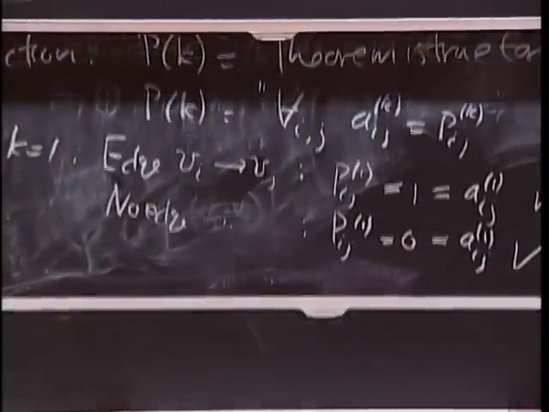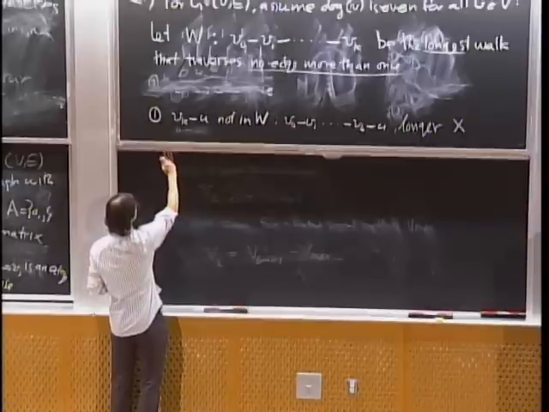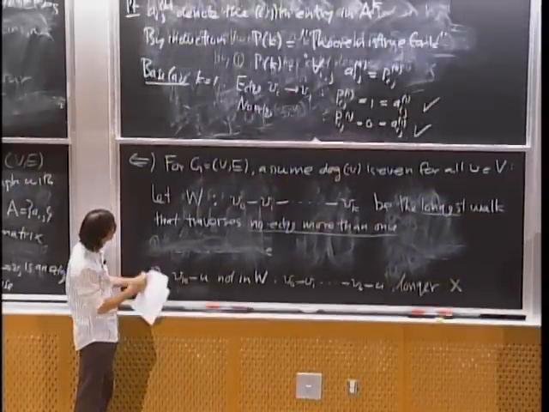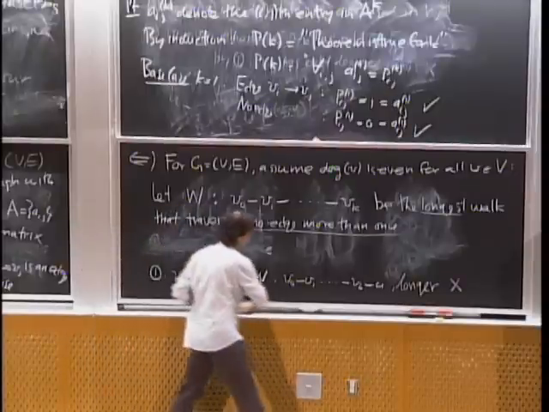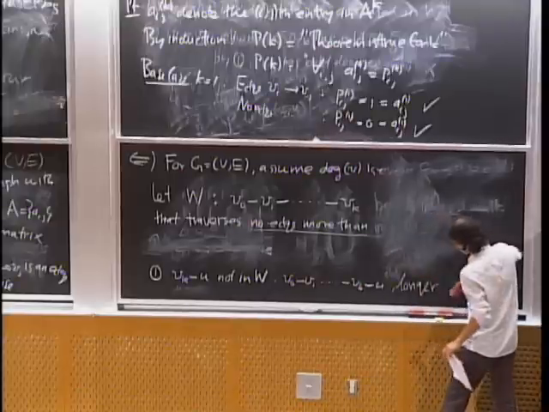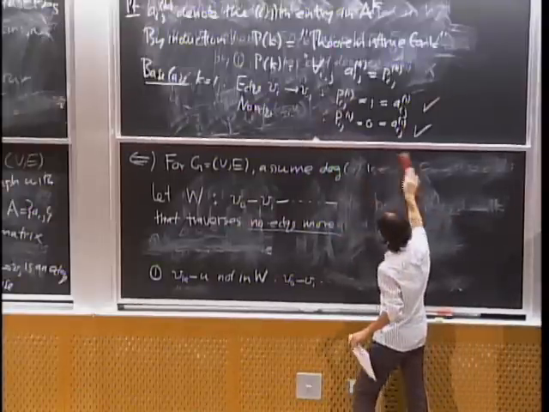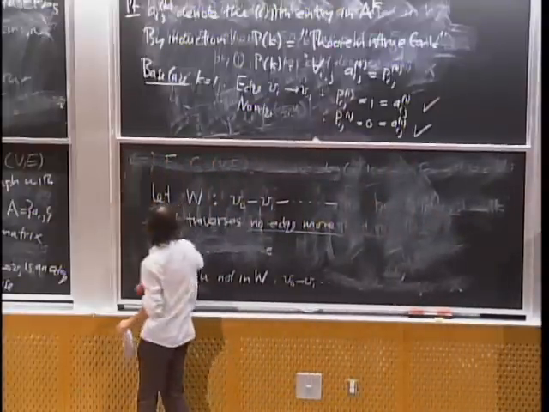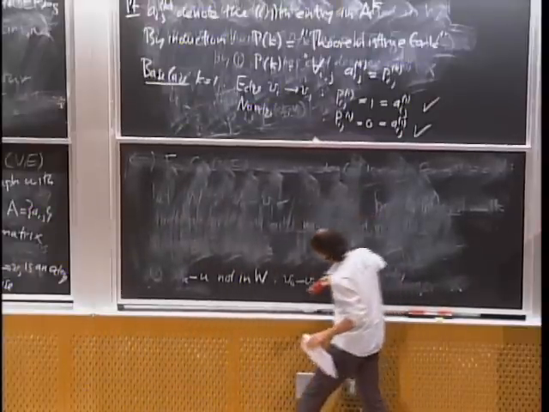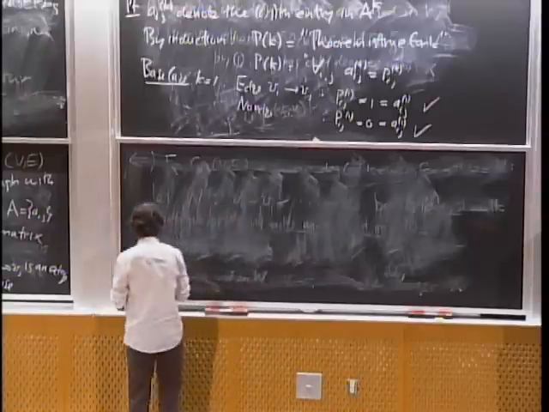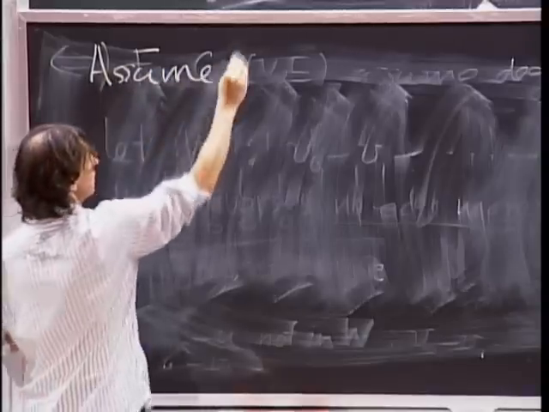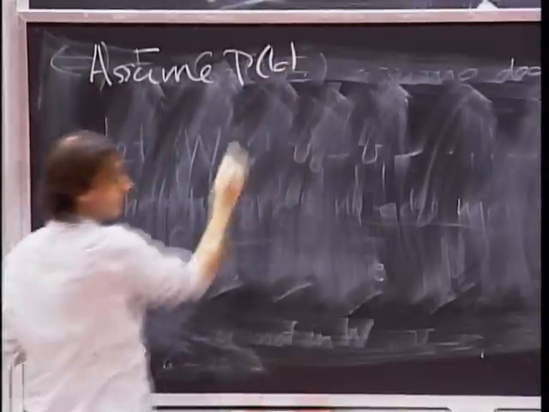And the induction step, well, it always starts by assuming Pk. As you can see, these types of proofs always have the same structure. And in this case, we again assume Pk.